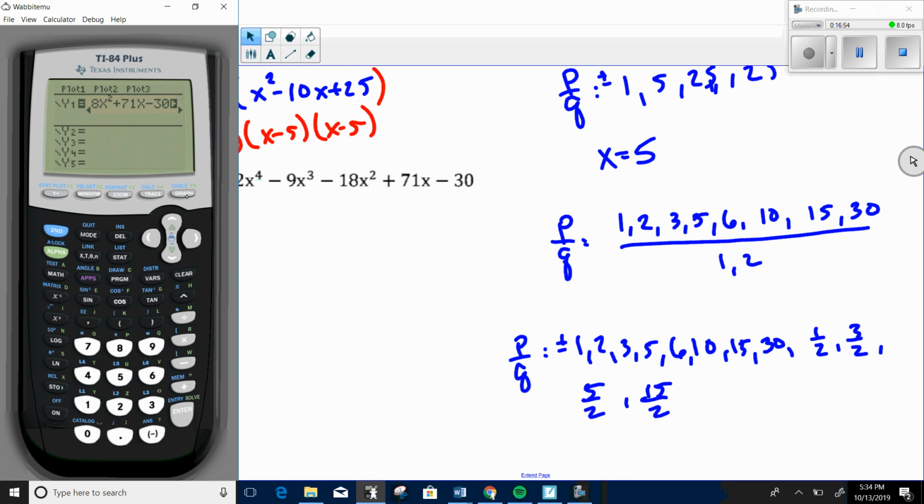And then what I do is I hit graph. And then I look to see where it crosses the x-axis. And hopefully we see some.